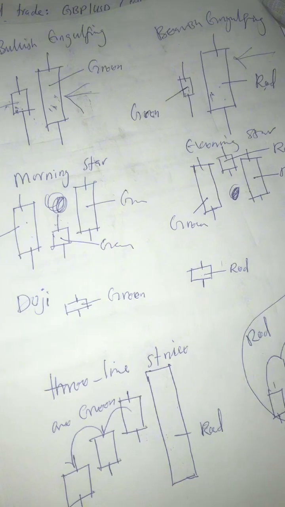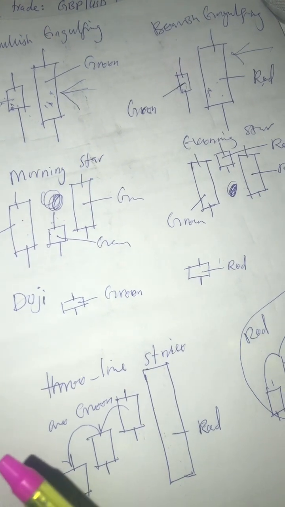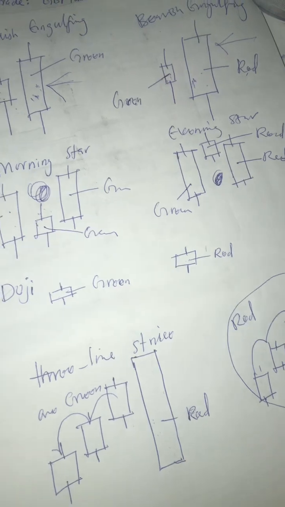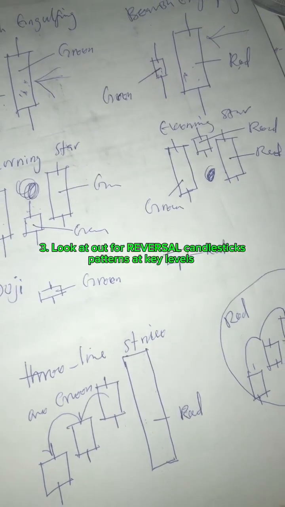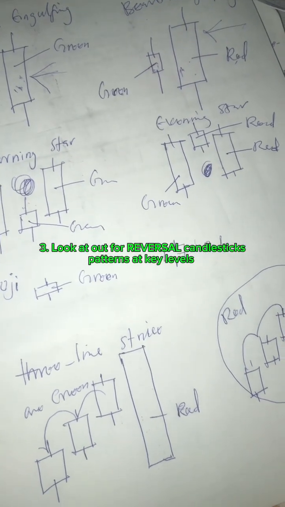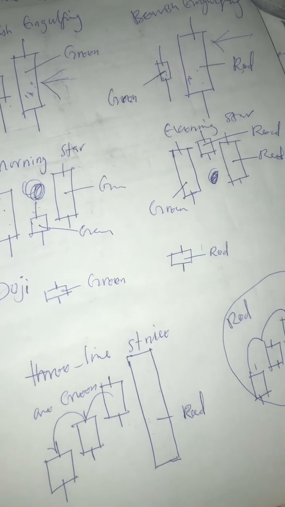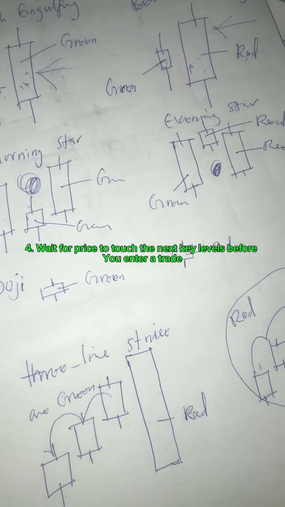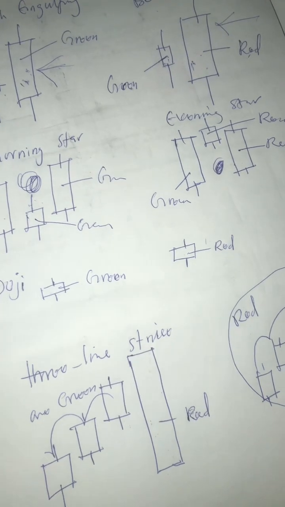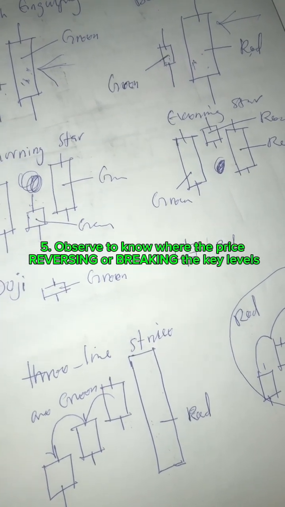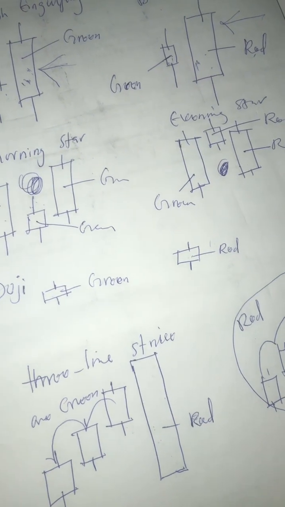Key levels are your support or resistance level. We are coming to that, so be patient. All right. Next, look out for reversal candlestick patterns at key levels. Then wait for price to touch the next key level before you enter a trade. Also observe to know where the price is reversing or breaking the key levels.